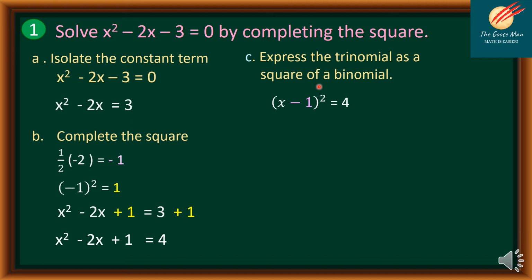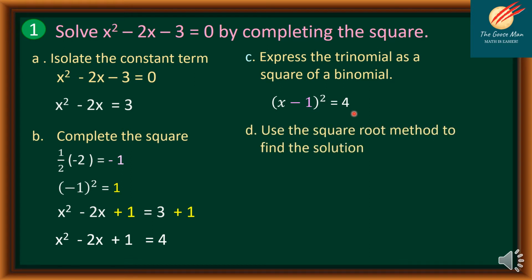Take note that x here is actually one of the factors of x squared, and the negative 1 is derived from 1/2 of the numerical coefficient of the linear term. Then we have x minus 1 squared is equal to 4.